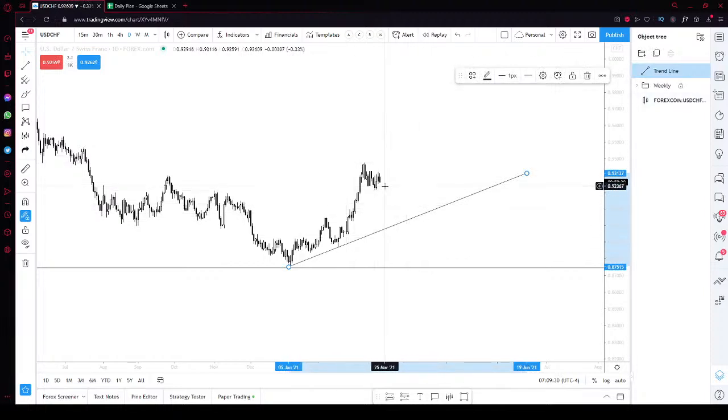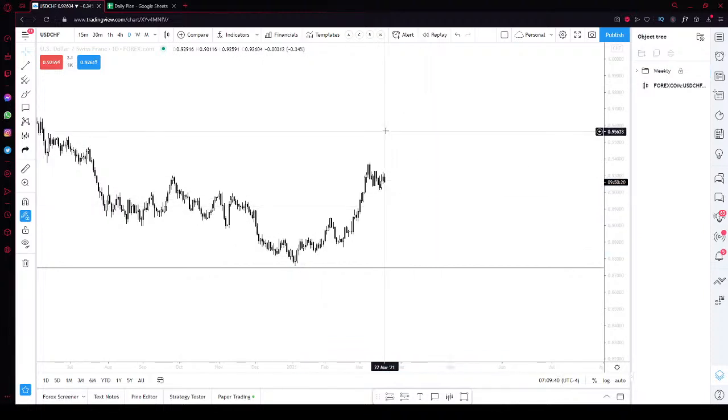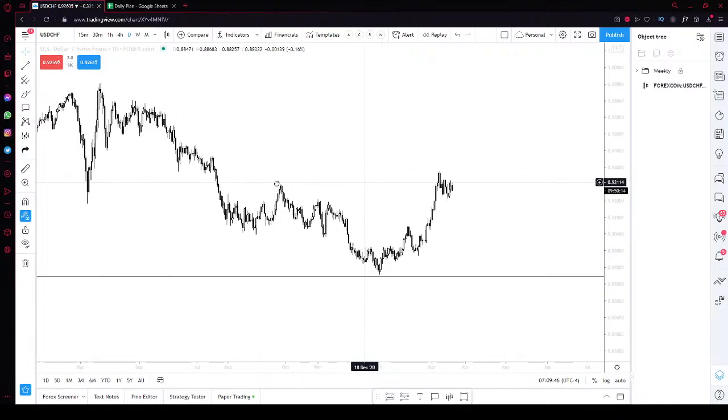I don't like when there's such a huge gap between my trend lines. If my trend lines are actually tight up against price, that's when I would draw it, but right now it's not, so it's kind of useless to me. And at this point, I'm just looking for price to reach one of my levels.